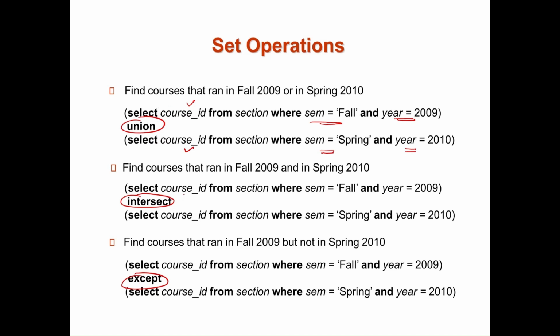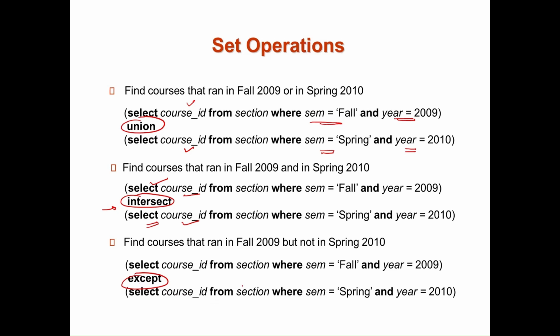Whereas for intersect, the course IDs selected from this select command and from that select command are intersected, and then it shows you the result. Similarly, except means difference: the course IDs selected in the first select command minus the course IDs selected from the second select command. In this way, set operations are performed.